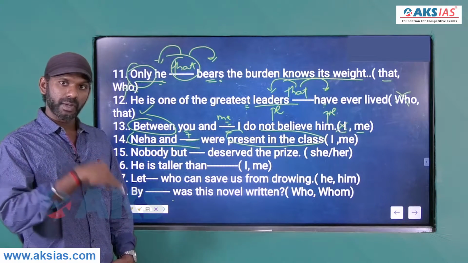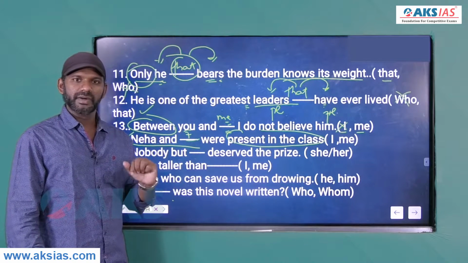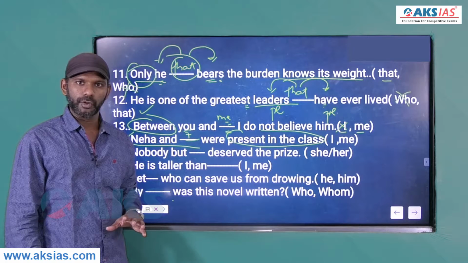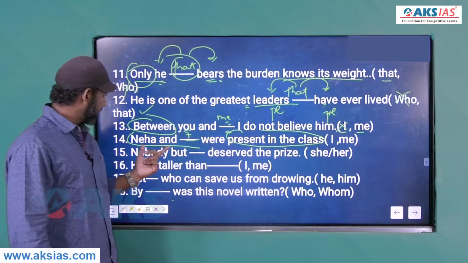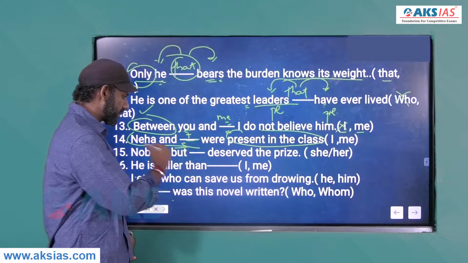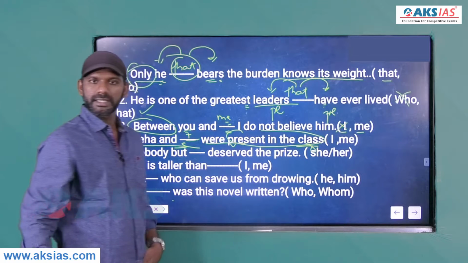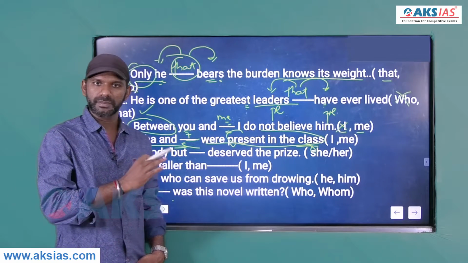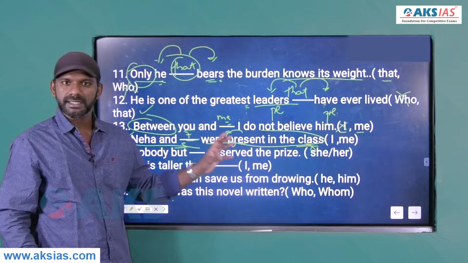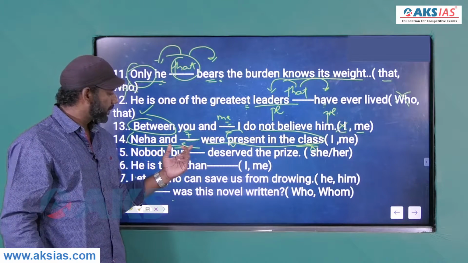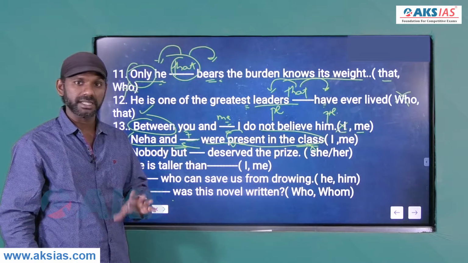One more reason. This sentence is in the active voice, right? The very first rule that we discussed in the subjective form: if a sentence is in the active voice, subject, verb, object, Neha and the blank are the subjects here, were present is the verb, and class is the object. So this sentence is in the order subject, verb, object, active voice. The very first rule in the subjective form is that when a sentence is in the active voice, and the pronoun is acting as a doer in that sentence, that particular pronoun must be in the subjective form.